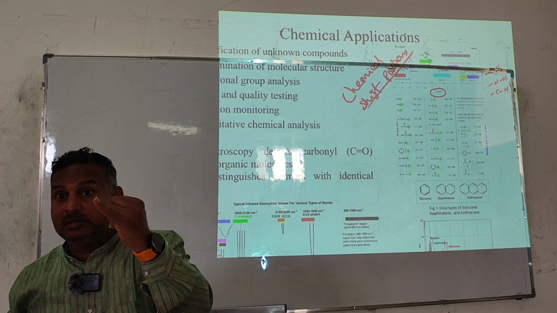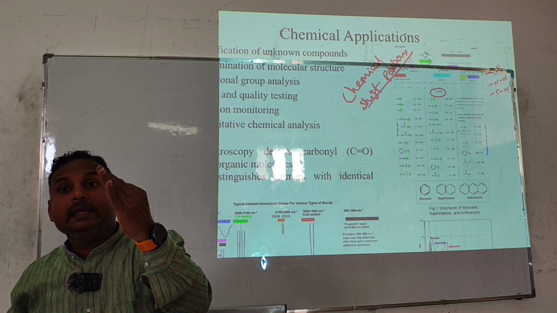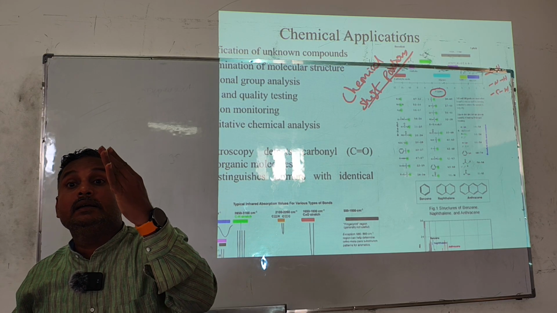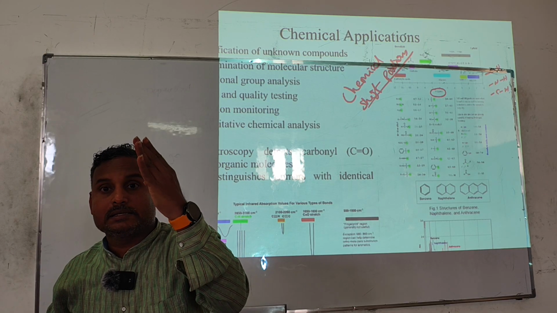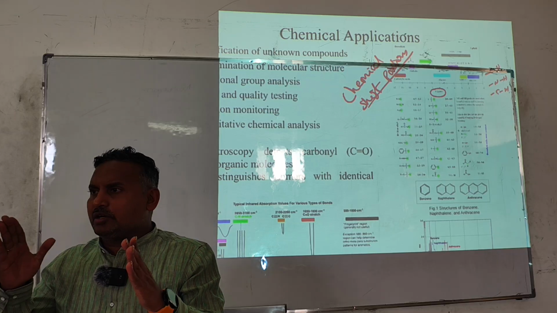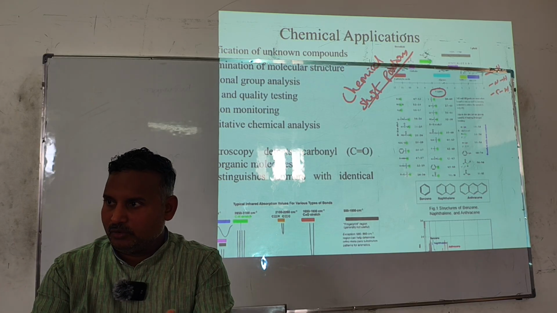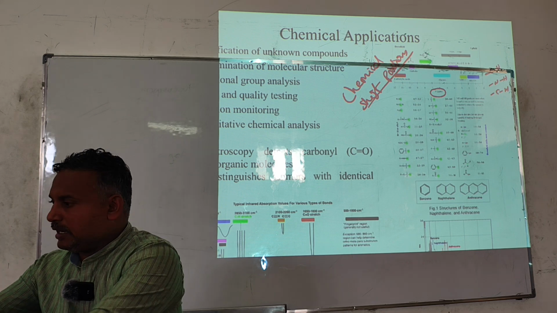UV visible absorption spectroscopy, IR spectroscopy, NMR and mass. These four techniques. When you want to characterize a particular compound, you need to collect all these spectra. I have UV visible, IR, NMR, mass.